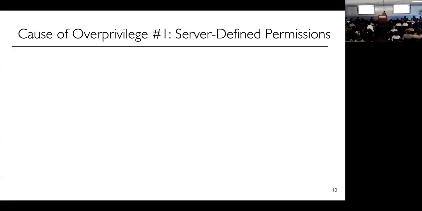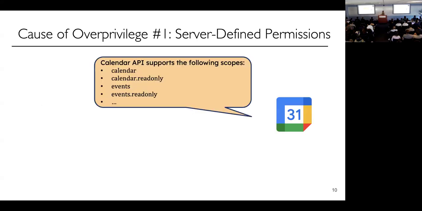The first reason is that on a very fundamental level, all of these permission systems, and I mean all of them, are designed with this idea of being server defined. The way it works is that some team in Google who creates Google Calendar is going to have a meeting and say, we have all these APIs and now we need to decide scopes or permissions for them.